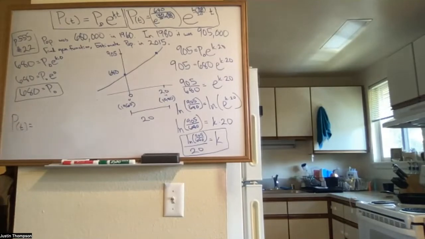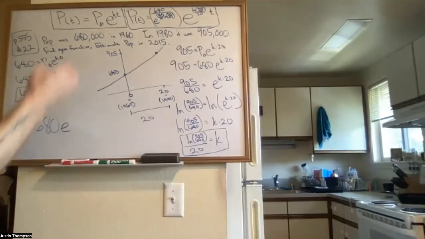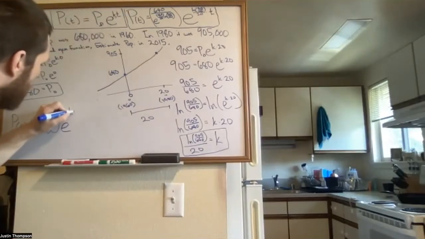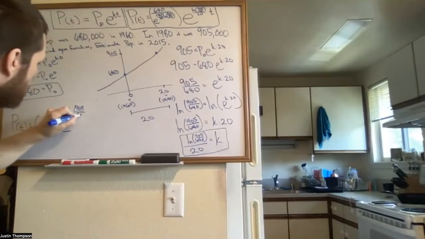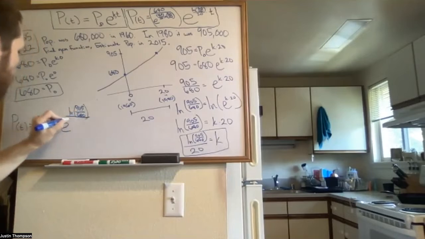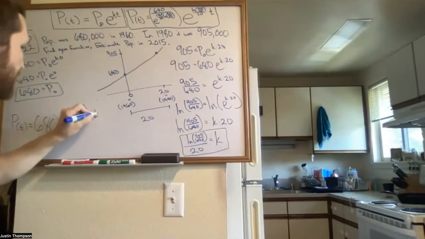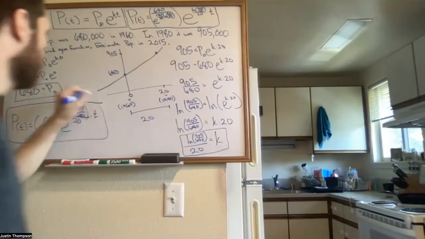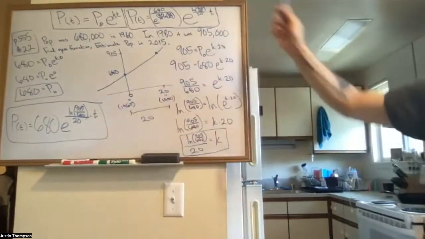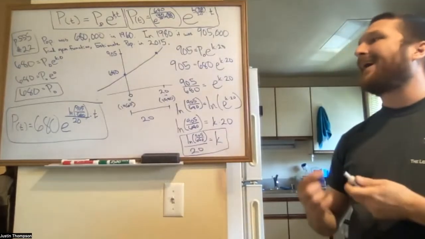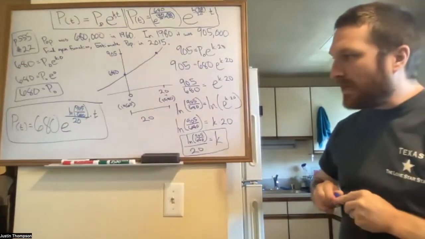P of T is equal to P0, which is just 680, times e to the KT, only K is the same K we got before: natural log of 905 over 680, all over 20, times T. Notice that the K is the same in both cases, but oh boy, that P0 is a lot easier to deal with.